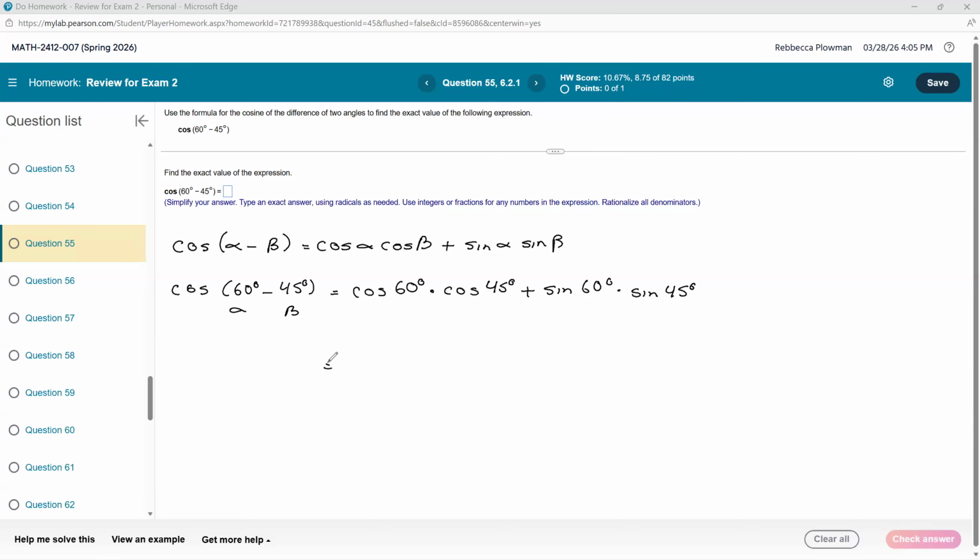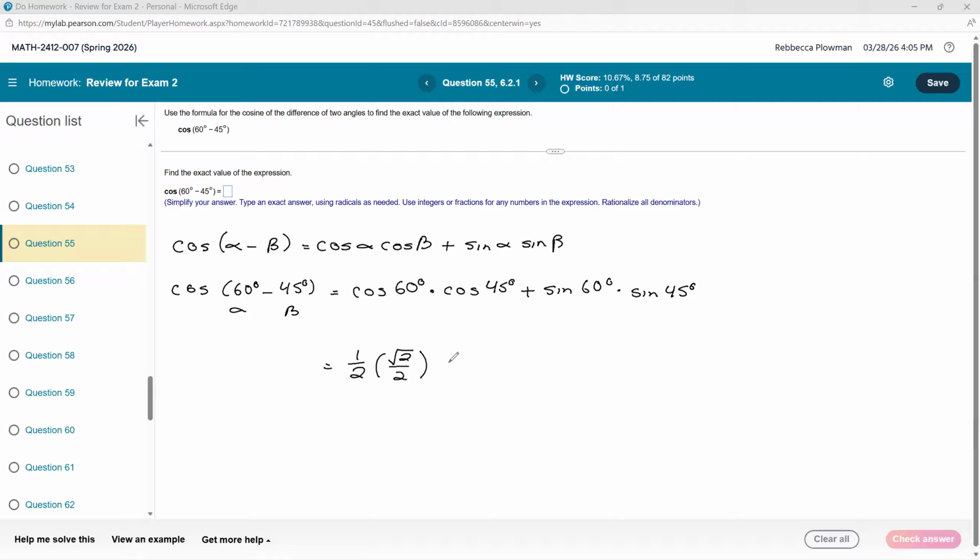Now, if you have your unit circle, hang on just a second, I'm trying to get my unit circle up here. Cosine of 60 degrees is going to be 1/2, and cosine of 45 degrees is going to be square root of 2 over 2. Oh, sorry, over 2, not square root 2.